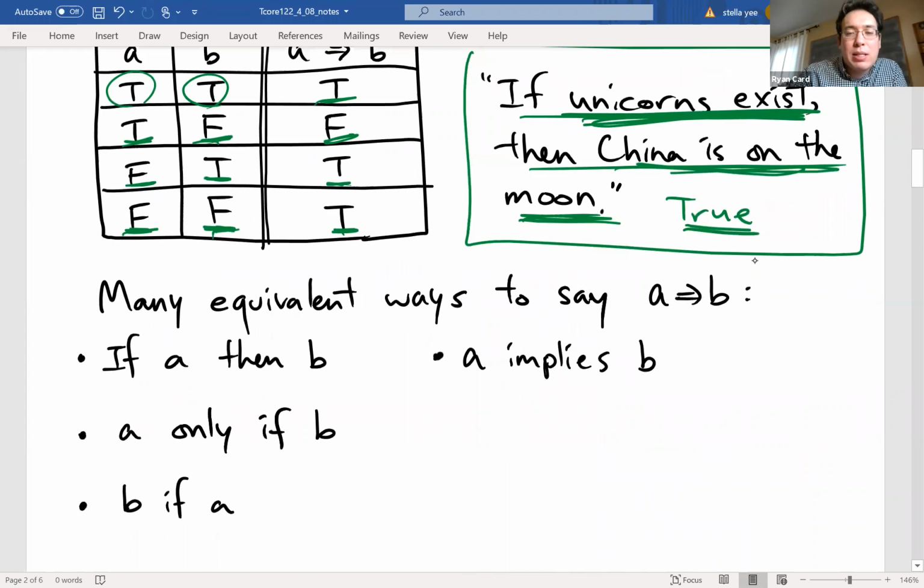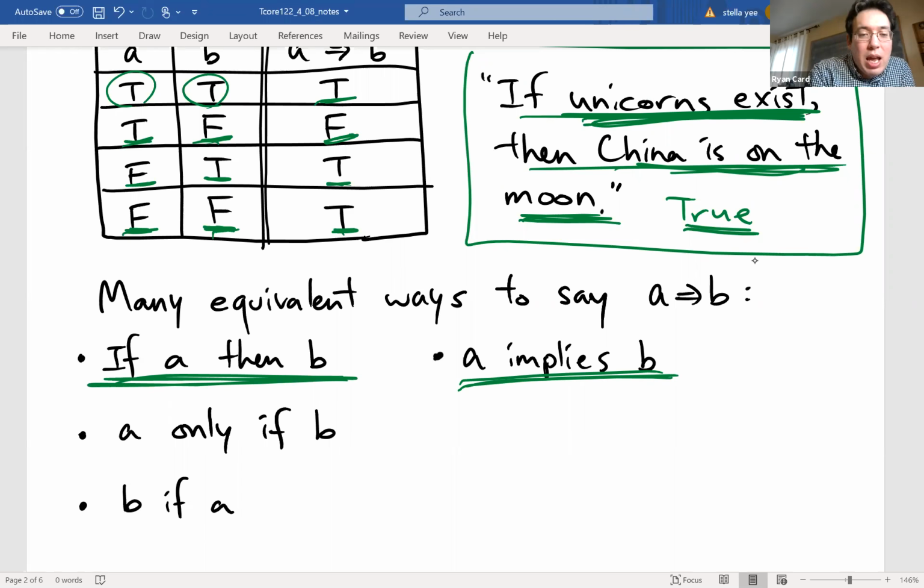Another part that makes this tricky is that in English there are many different ways to say A implies B. A implies B is one way to say it. If A then B, that's another way to say it. You could also say A only if B, and that means the same thing.